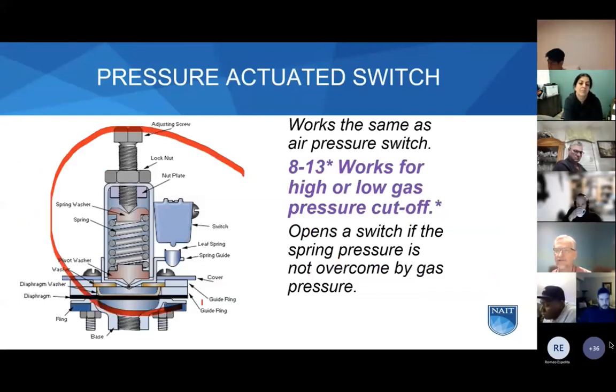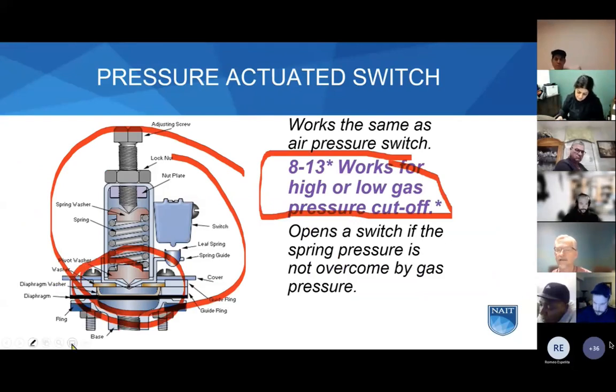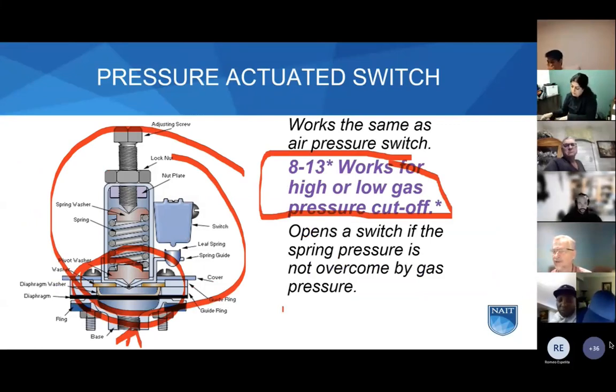So the same kind of switch works on low or high gas pressure cutoff. It works much the same as the air pressure switch. It has the diaphragm sensing the pressure connected to the pressure down here, and opens the switch if the spring pressure is not overcome by gas pressure.